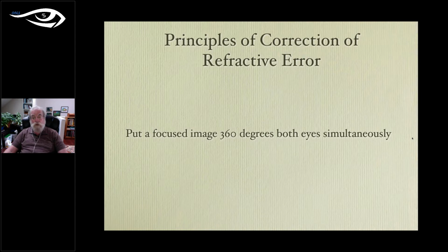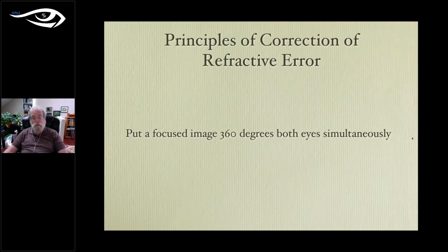Now, this one simple sentence of less than 10 words summarizes everything that I believe in. When I provide correction, I want to put a focused image 360 degrees in front of both eyes simultaneously. It's a nice way of saying I want a focused image on both retinas.